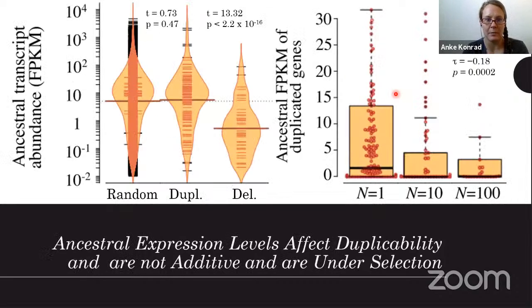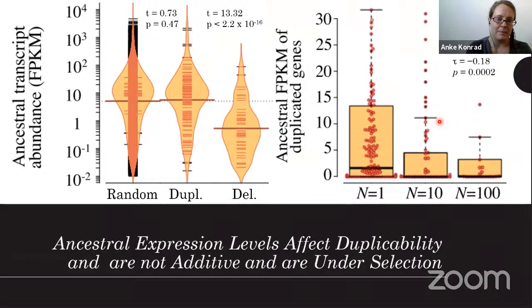And similarly, I'm going to start on the right in this slide. With larger population size, you also have fewer genes duplicated, which had a very high expression prior to the mutation accumulation. So genes that ancestrally speaking are more highly expressed are less likely to be retained upon duplication.